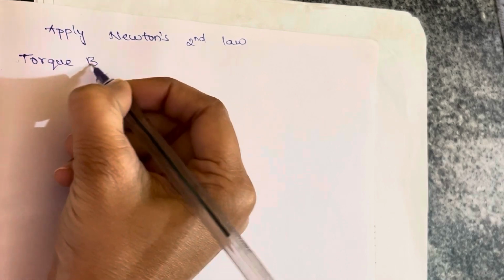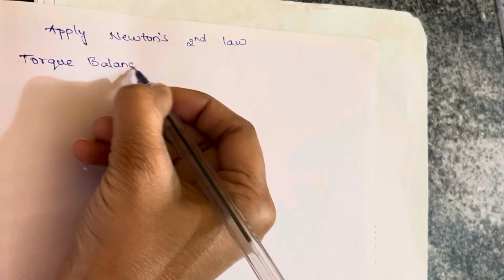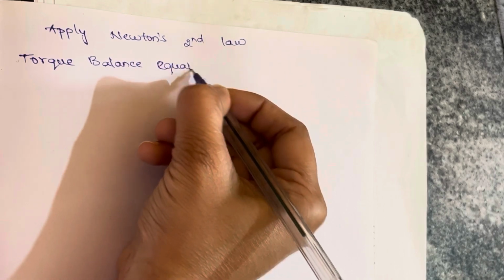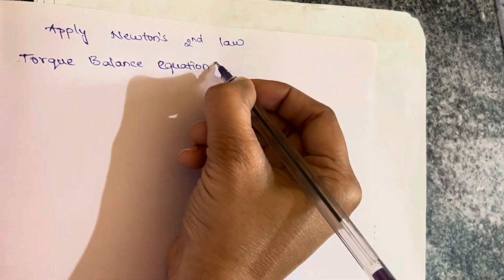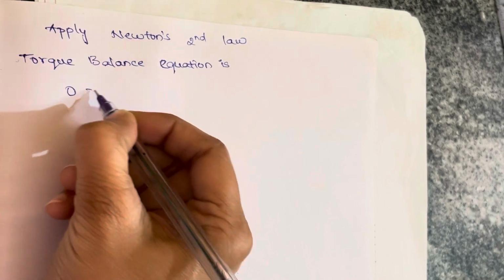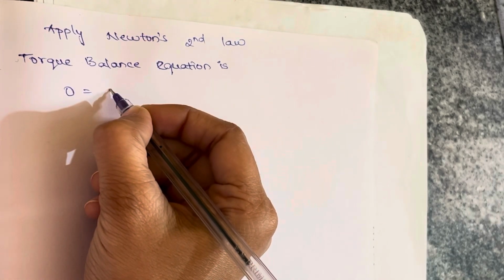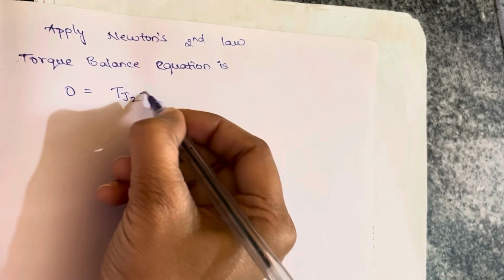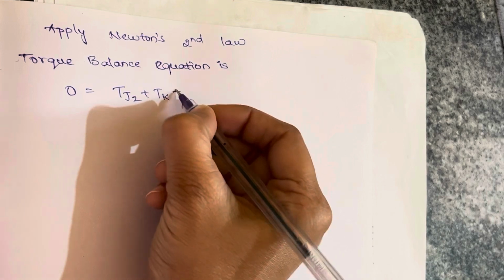Now the torque balance equation is T equals 0 in our case. So 0 equals Tj2 plus Tk plus Tb.